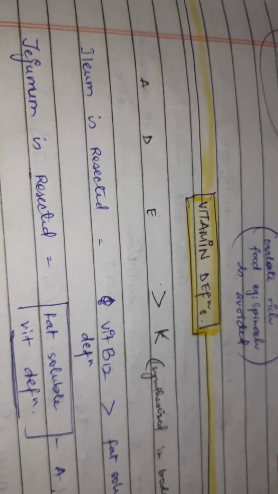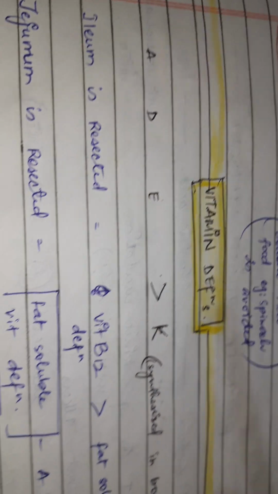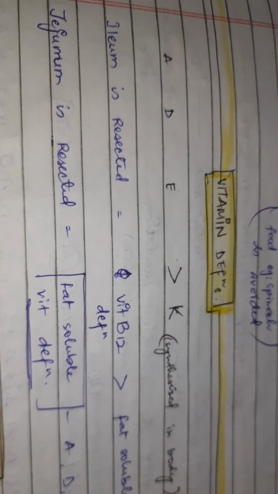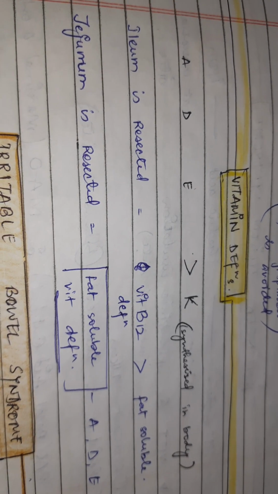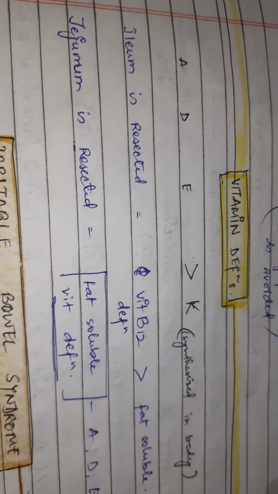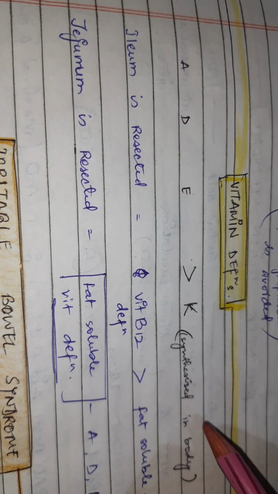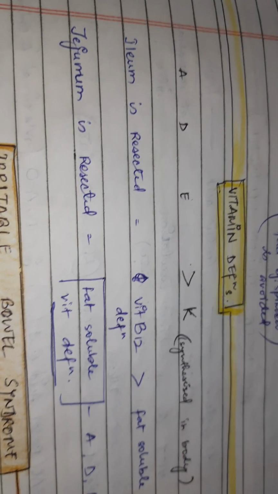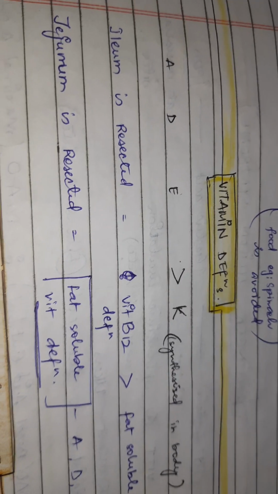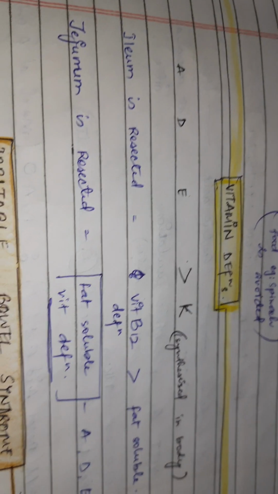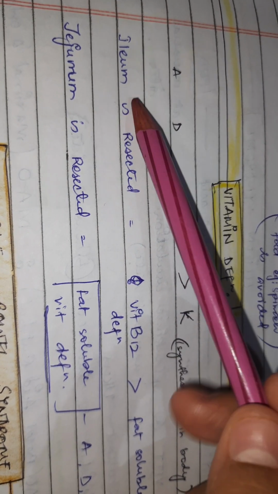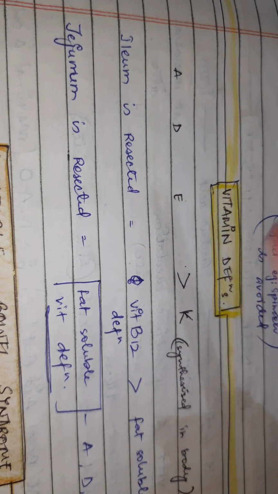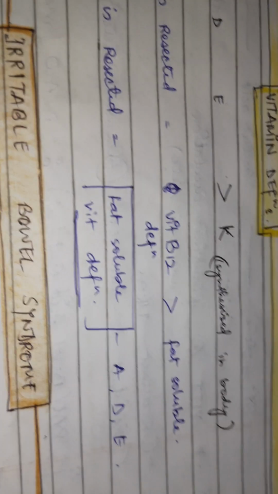Then vitamin deficiency, A, D, E, is more here. In these GIT diseases, because K is synthesized in the body, it is not affected much. If the ileum is resected, then vitamin B12 deficiency may occur.